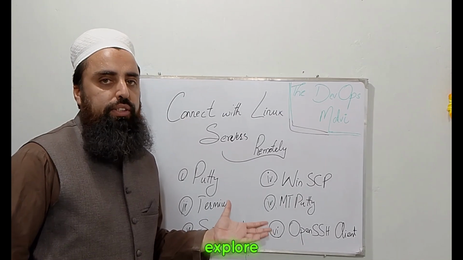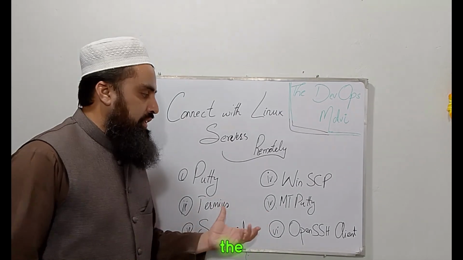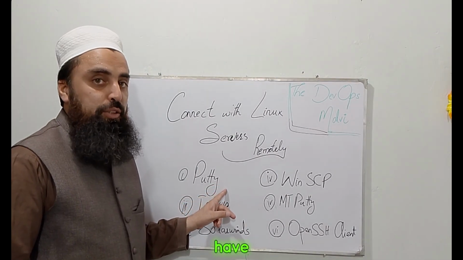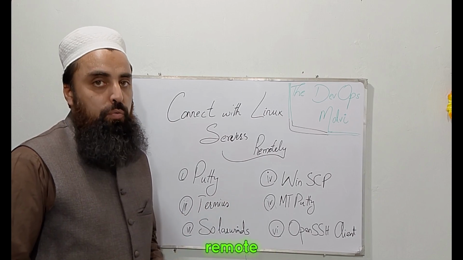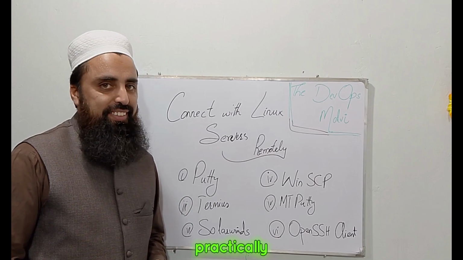You can explore these tools and choose the one that you like the most. For instance, I like PuTTY and I have been using it for years. So we will be connecting to our remote VM with PuTTY. Let's do this lab practically.